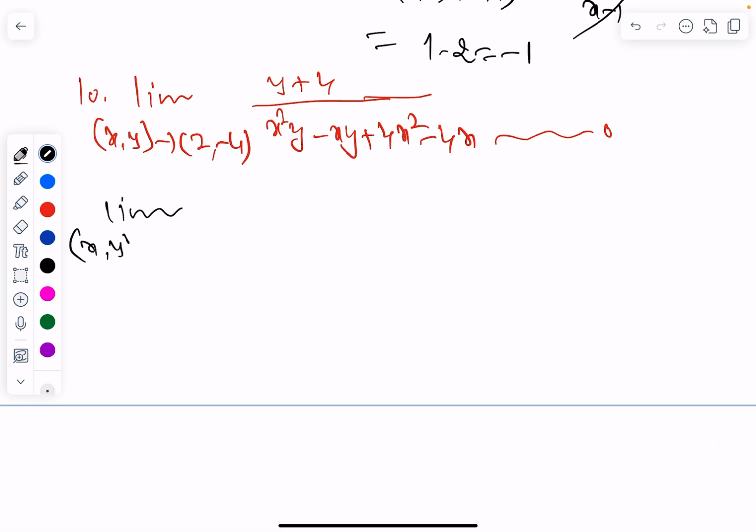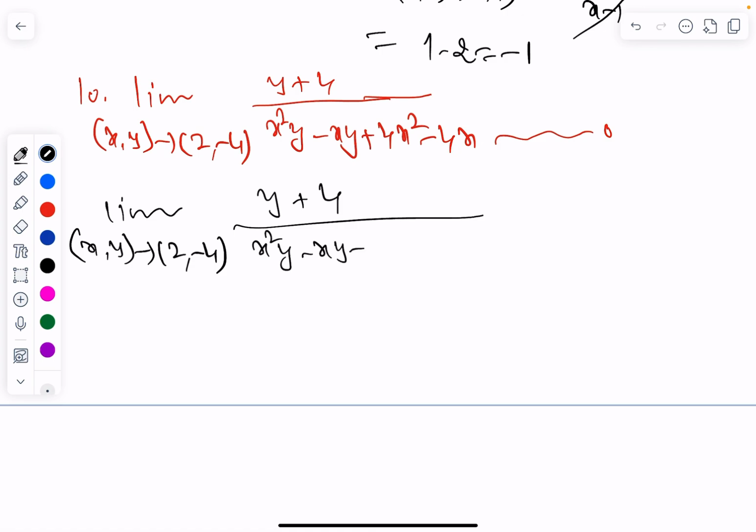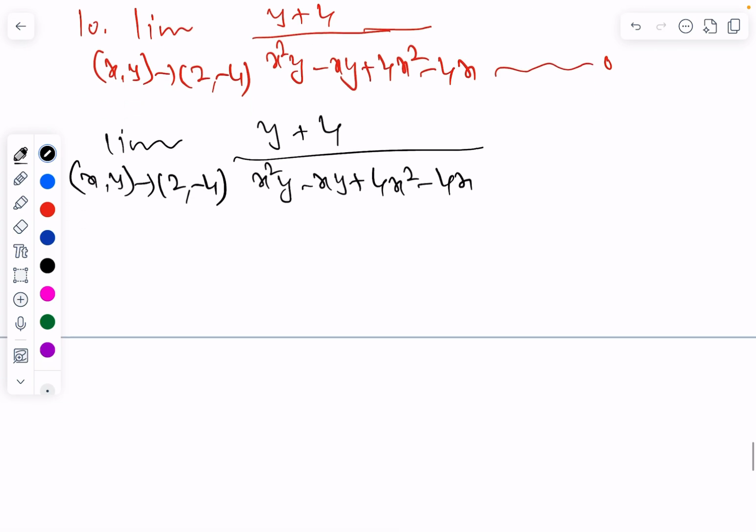Limit xy tends to 2, minus 4, y plus 4 over x square y minus xy plus 4x square minus 4x. So we can factorize this.